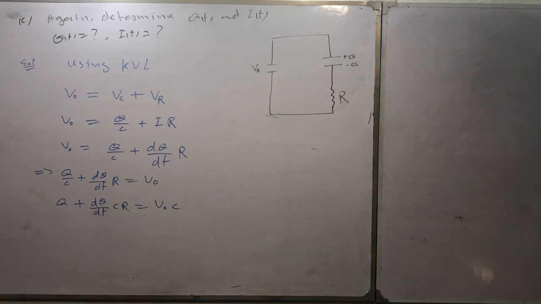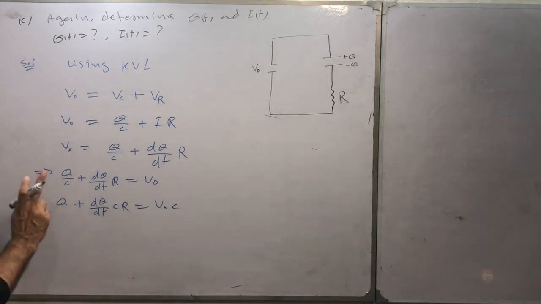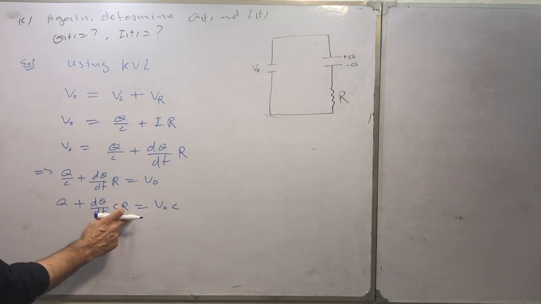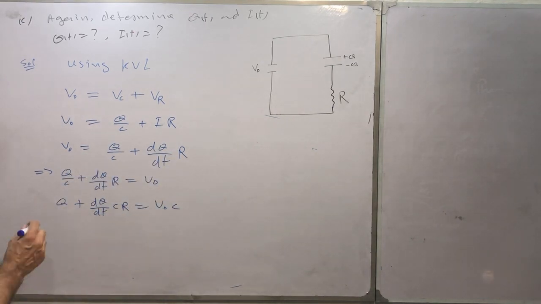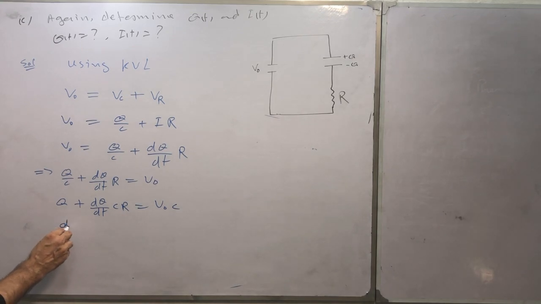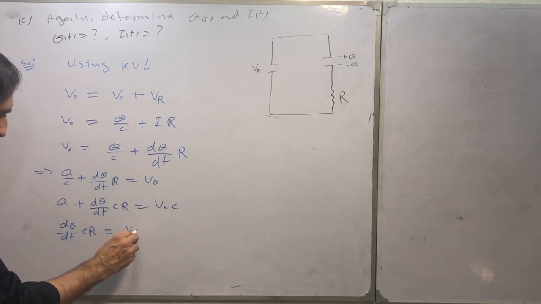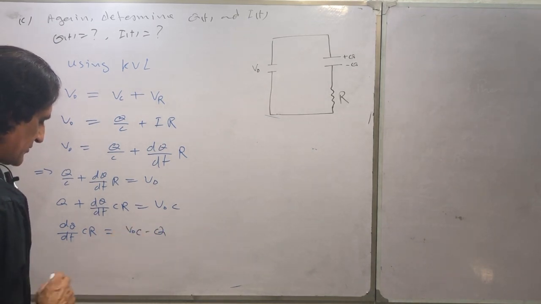And further, dq divided by dt times CR is equal to V naught C minus q.